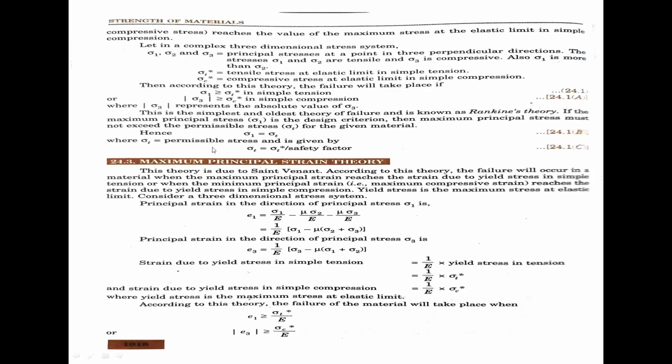Sigma t is the permissible stress and is given by sigma t equal to sigma T star divided by the factor of safety.